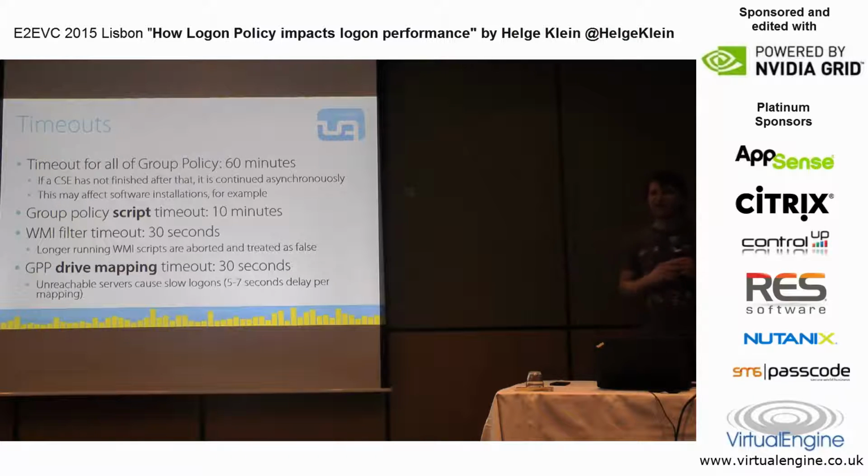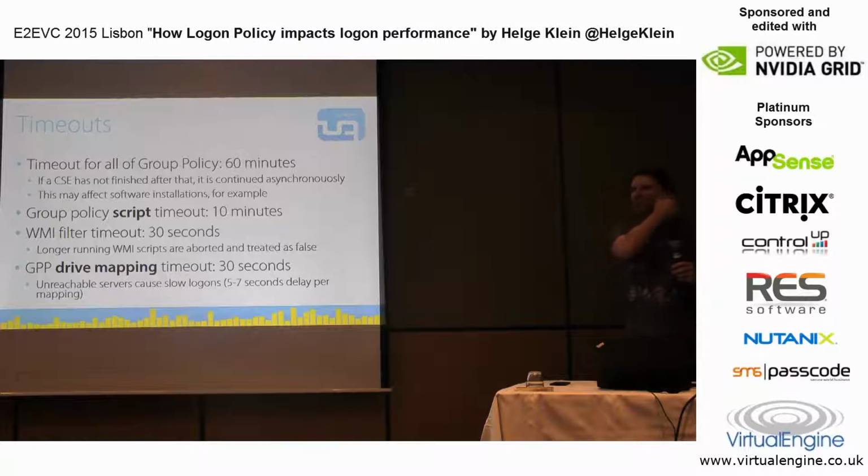WMI filters have a kind of a bad reputation, and we'll check if that is justified. But in any case, if you have a WMI filter, after 30 seconds it will be killed and treated as false. So the engine just thinks, okay, you took too long, I'm going to say that you reported back that this GPO is not to apply.